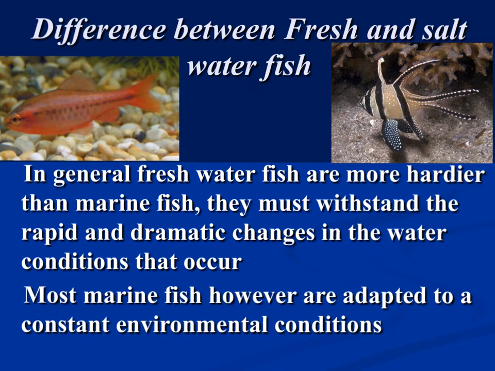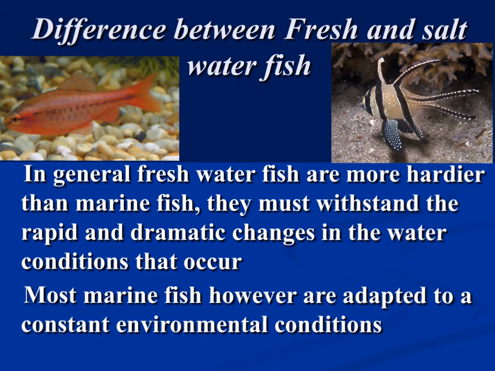It can have a little bit of salt in it, maybe not any at all. It can have different minerals in it. So freshwater fish have to be able to adjust to a wide variety of pH and temperature and minerals being present, where marine fish are in very large oceans.